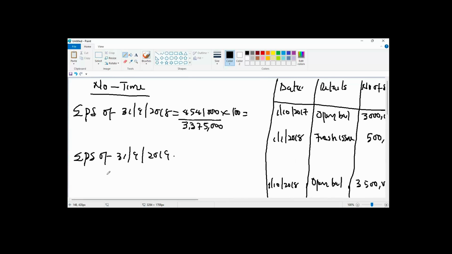Why is it multiplying by 100? Because it's always in kobo. Earnings per share is always in kobo.